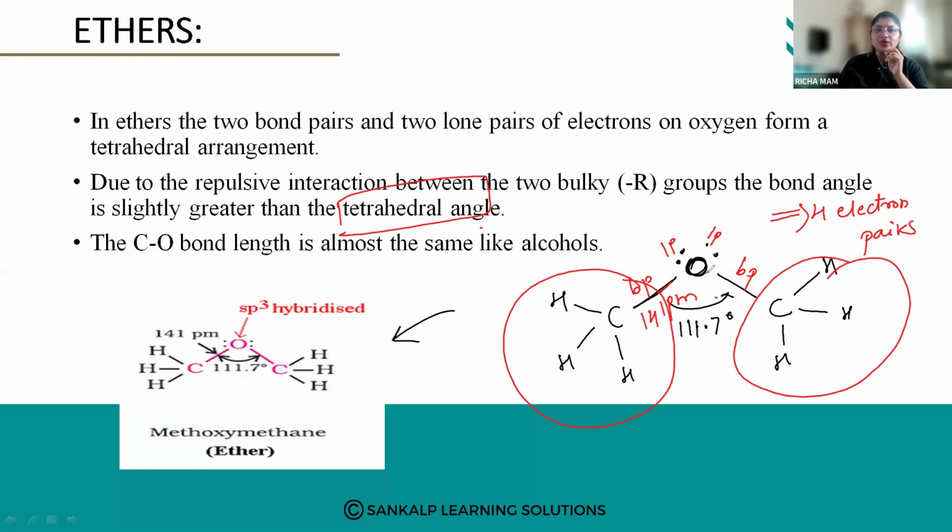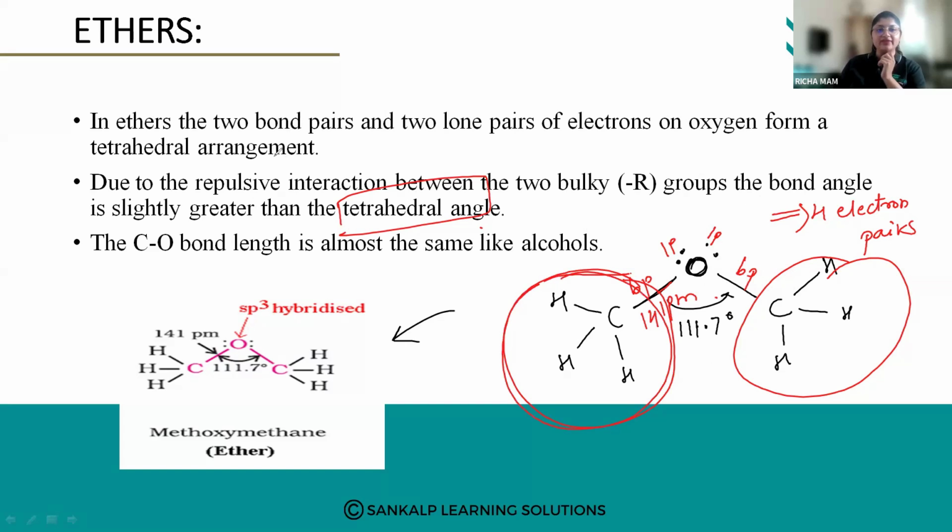So in ethers, 2 bond pairs are there, 2 lone pairs are there, and these lone pairs are present on the oxygen and form a tetrahedral arrangement. Why? Because of the repulsion between these bond pairs and lone pairs, and because the alkyl groups are heavier groups.